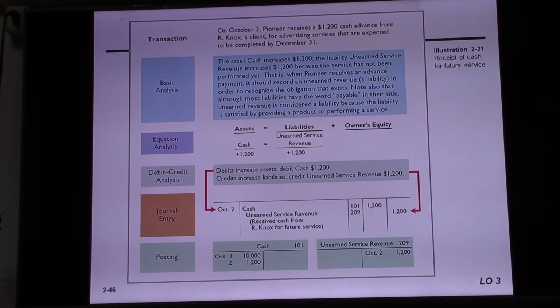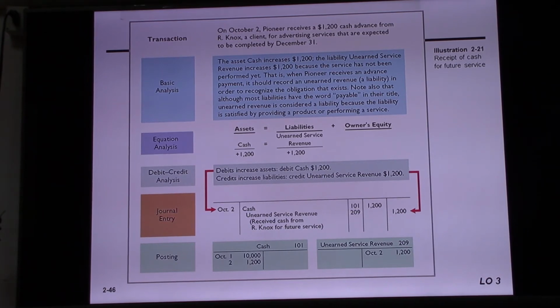And when Pioneer receives an advance payment, it should record an unearned revenue as a liability in order to recognize the obligation that exists. And you should also notice that most liabilities have the word payable in their title, while unearned revenue is considered a liability because the liability is satisfied by providing a product or performing a service.